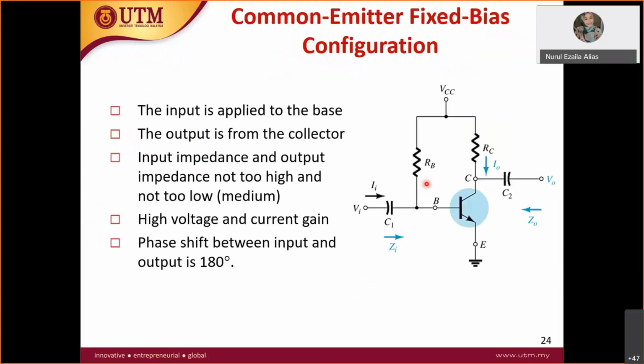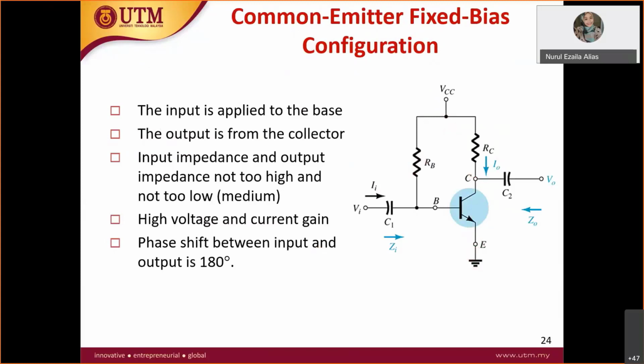Let's take a look at the first type. If you still remember common emitter fixed bias, the input is at base to emitter, and the output is at collector to emitter. So you have RB as well as RC and the VCC, which is the power supply. For the fixed bias, of course, you don't have the RE at the emitter.